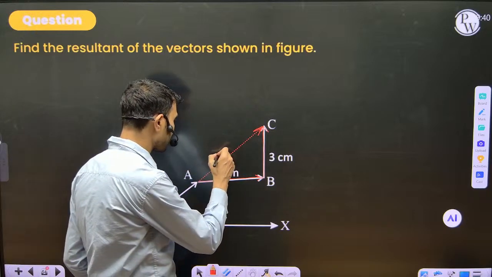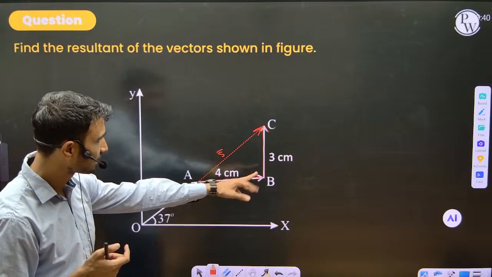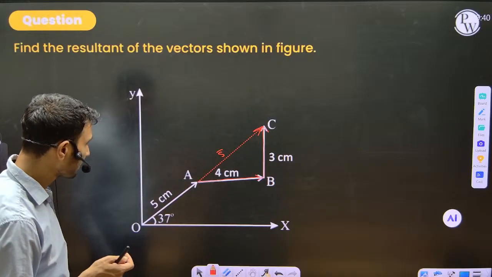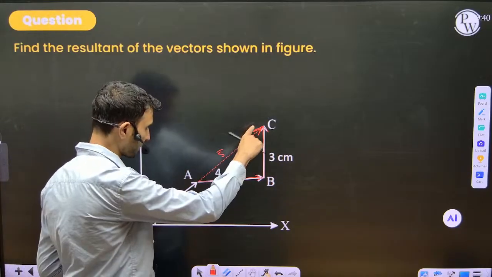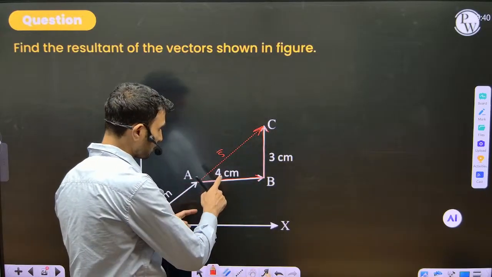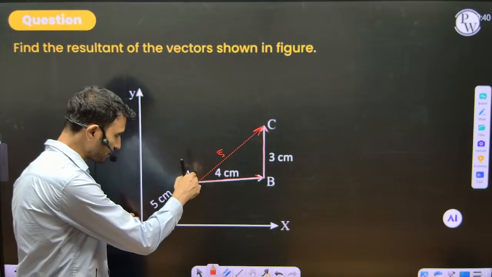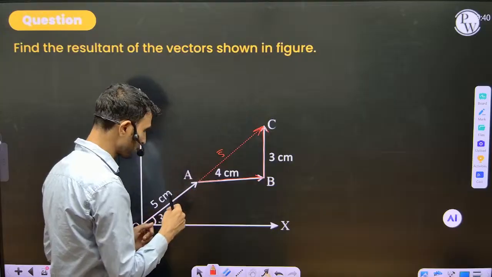So let's call this sum vector S. I added this and this and I got this vector. So now this and this I added and got S vector, and I have to add it further with this vector. So this vector plus S vector will become how much?